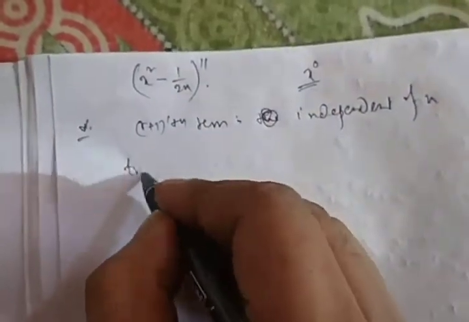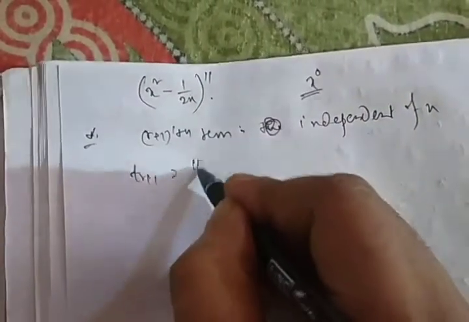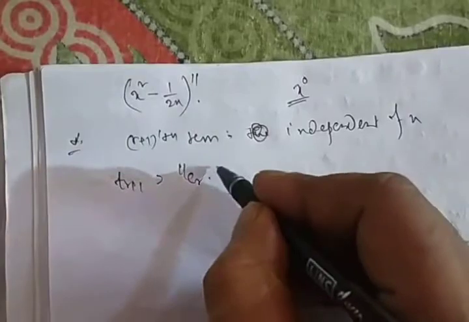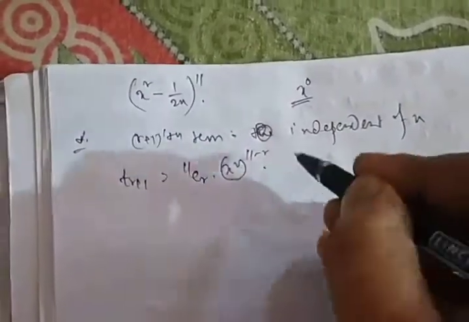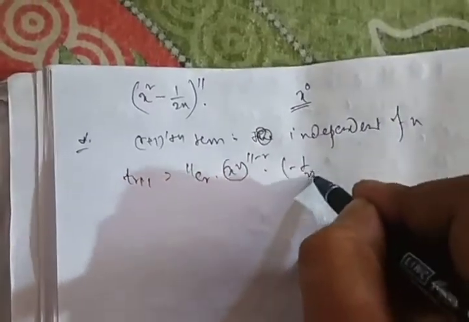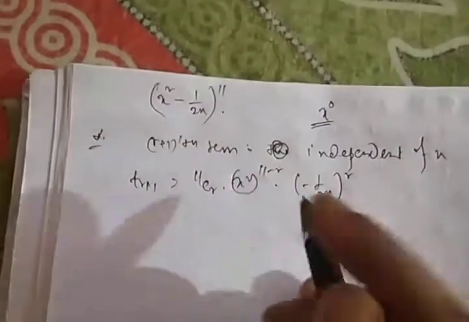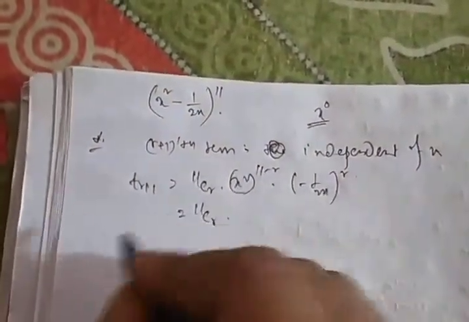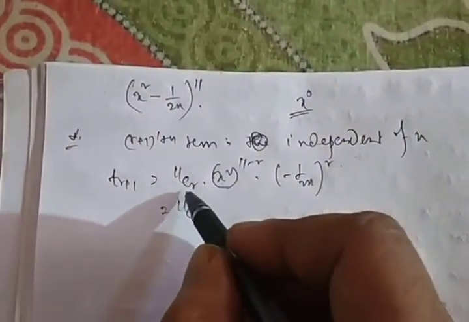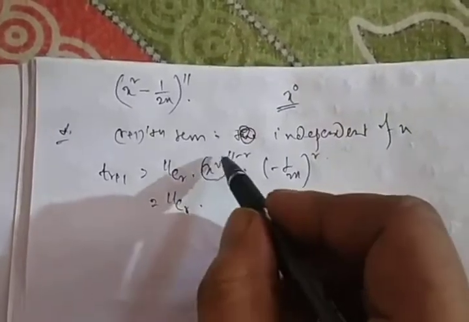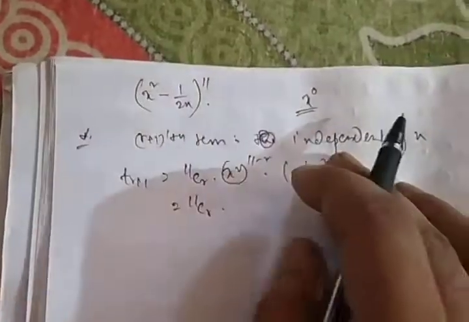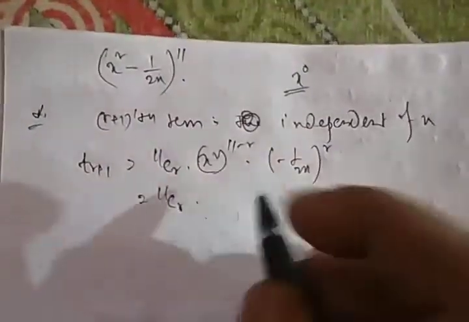So by the general formula, T r plus 1 equals 11Cr, then x square to the power 11 minus r, minus 1 by 2x whole to the power r. In the same way we have to calculate only the coefficient, the constant term and the total power of x.